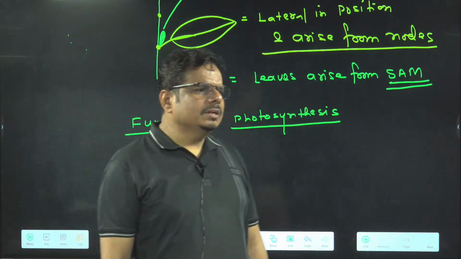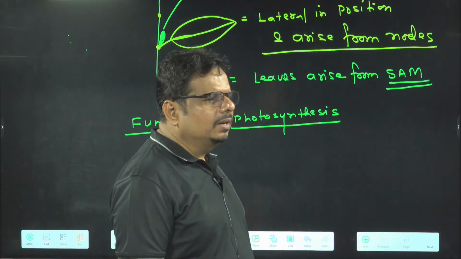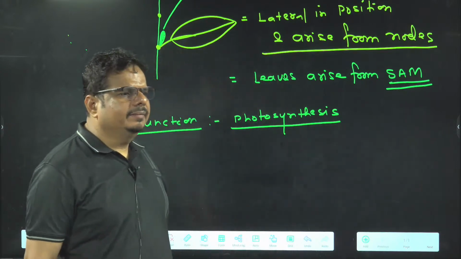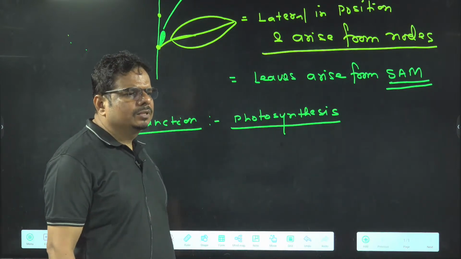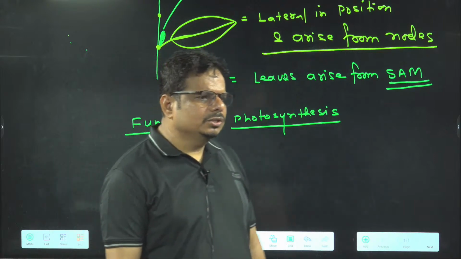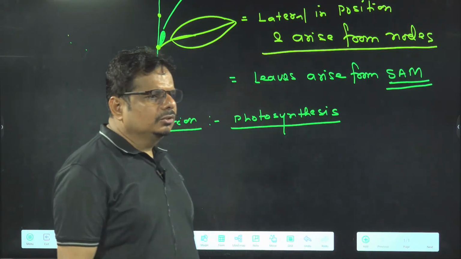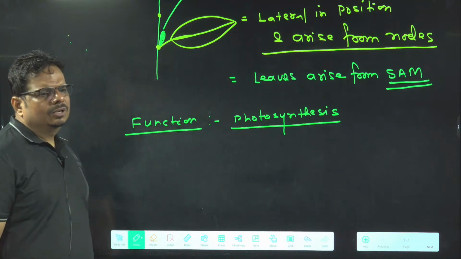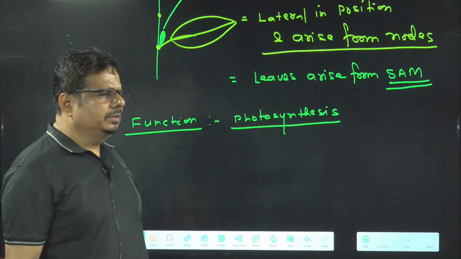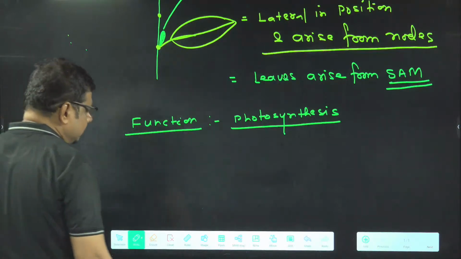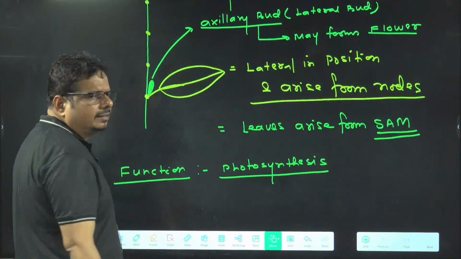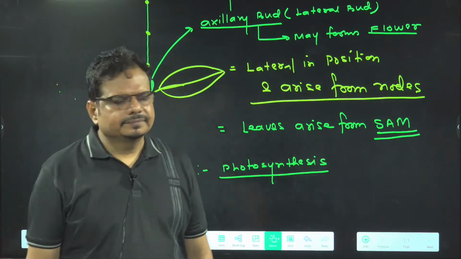So the most important organ in the plant in the priority level is the leaf, and it is responsible for assimilation, the process of photosynthesis. So this is in general about a leaf. Now we are going to deal with the parts of the leaf. Can we move ahead on the next slide?